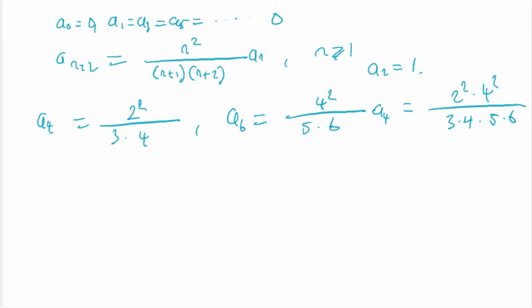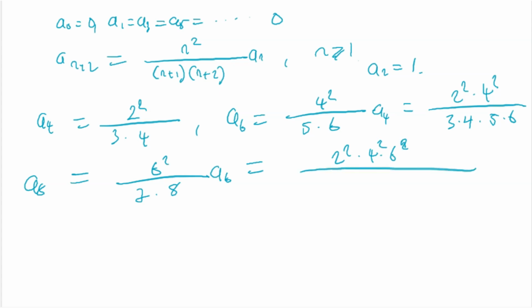That will be a sub 6. What about a sub 8? A sub 8 is what we get when we plug in n equals 6. That will be 6 squared all divided by 7 times 8 multiplied by a sub 6, which gives 2 squared times 4 squared times 6 squared all divided by 3 times 4 times 5 times 6 times 7 times 8.